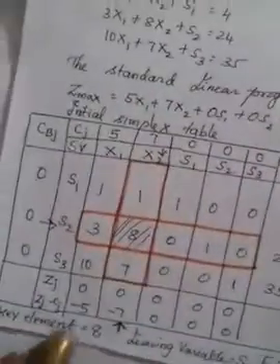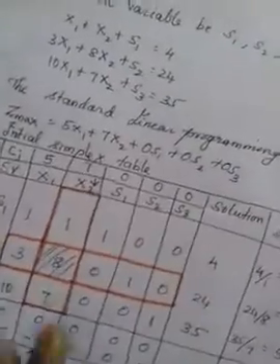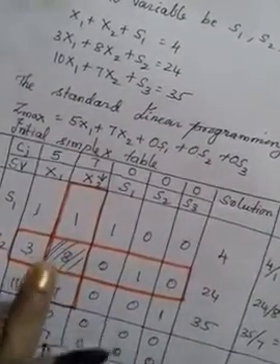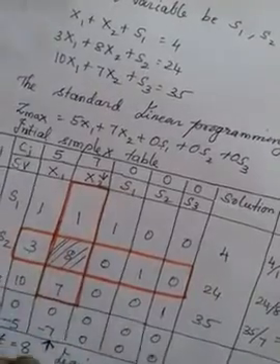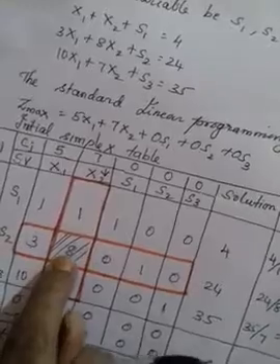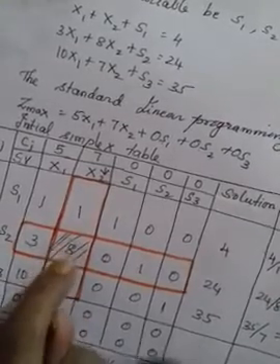Is it clear? Now what key element did we find here? The key element we found is 8, isn't it? So this box you have to convert into 1. How do we convert this into 1? Already 8 is there.